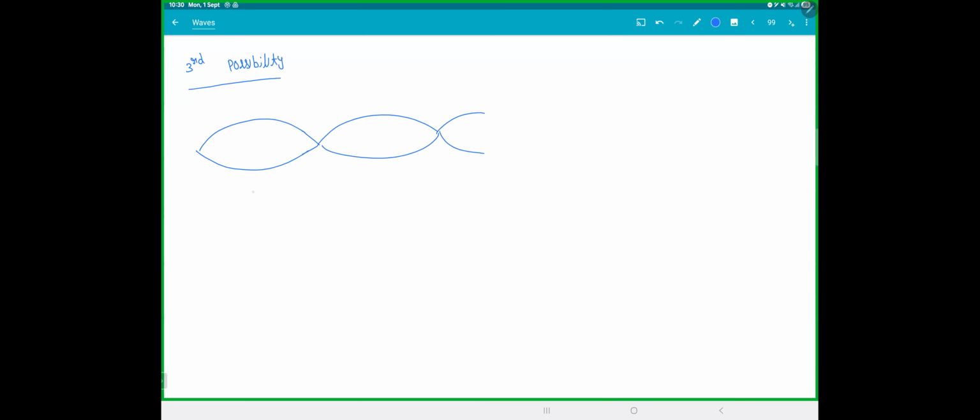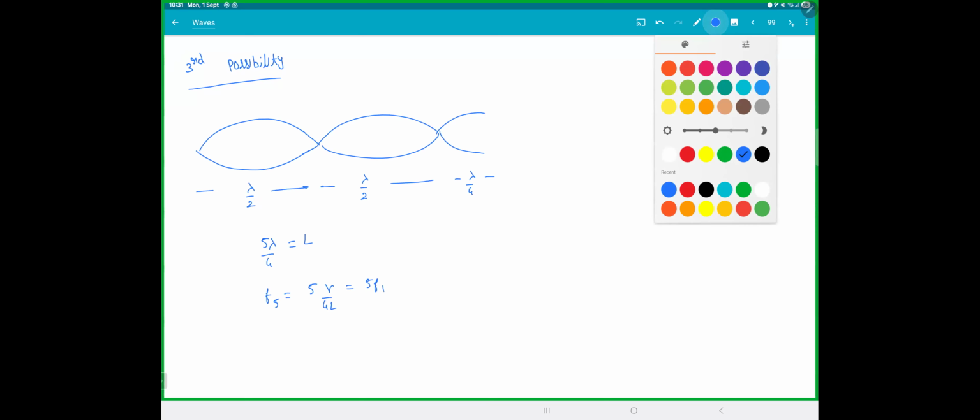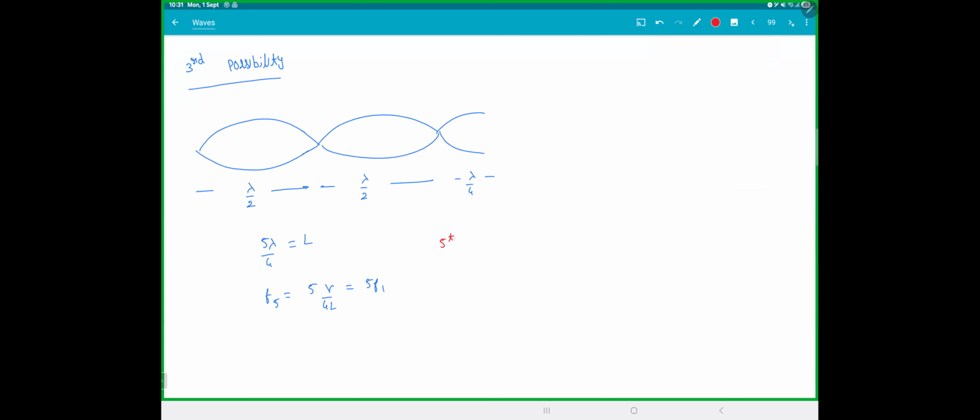So this would be how much? Lambda by 2, lambda by 2, and lambda by 4. 5 lambda by 4 is equal to, well, you can clearly see this will be F5, which will be 5V by 4L. This is 5F1. This is the fifth harmonic and the second overtone.